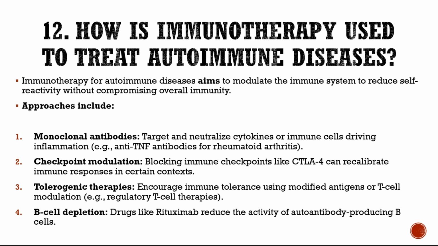B cell depletion: drugs like rituximab reduce the activity of autoantibody-producing B cells. Those are four approaches by which immunotherapy is used to treat autoimmune disease: monoclonal antibodies, checkpoint modulation, tolerogenic therapy, and B cell depletion.